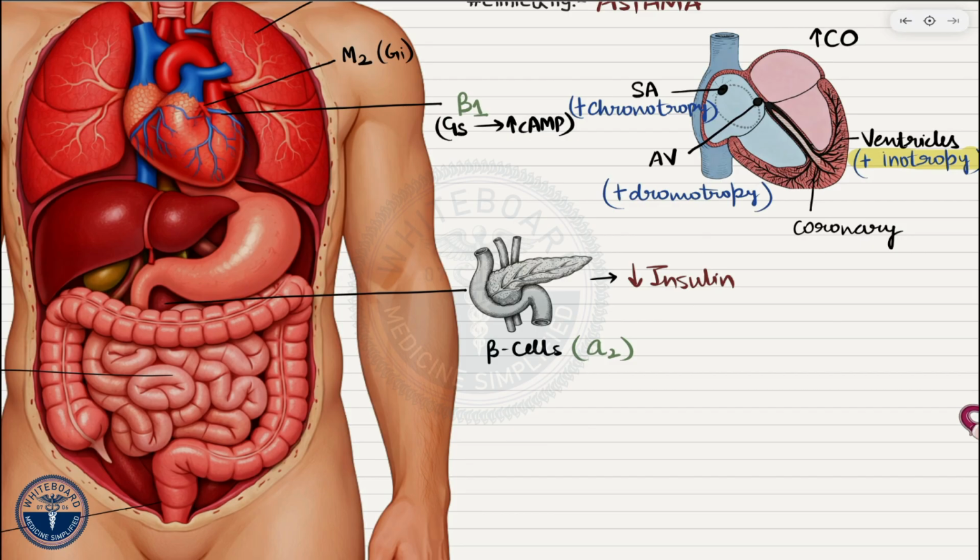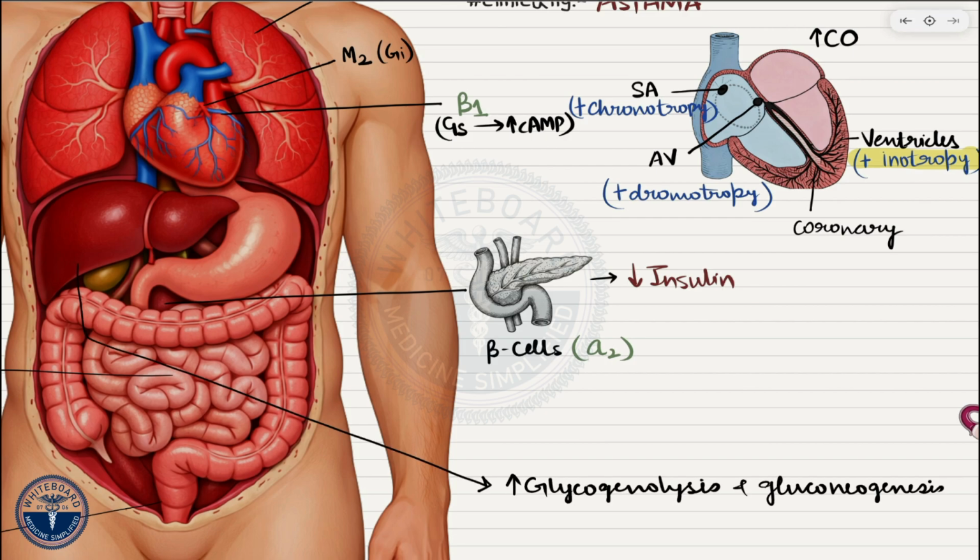Remember, in a stressful situation, the body needs a rapid supply of energy, especially for the brain and skeletal muscles. To meet this demand, epinephrine acting on beta-2 receptors stimulates the liver to increase both glycogenolysis and gluconeogenesis.